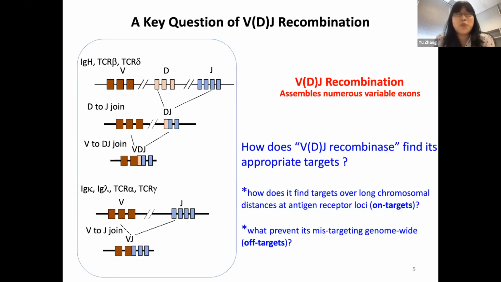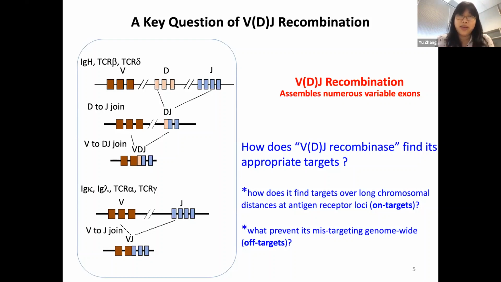The challenge to this question mainly lies in the inherent complexity of the antigen receptor loci themselves compared with other genes in the genome, and also the lack of sensitive assays that can track the changes in the antigen receptor loci. Thankfully, recent advances in next generation sequencing technologies and genome engineering technologies allow us to address this question now.